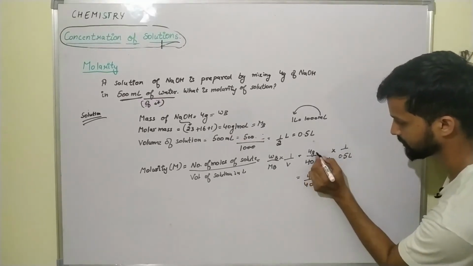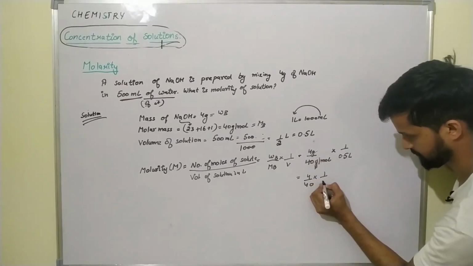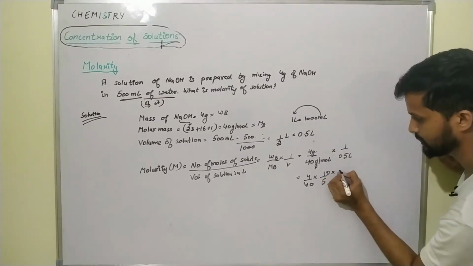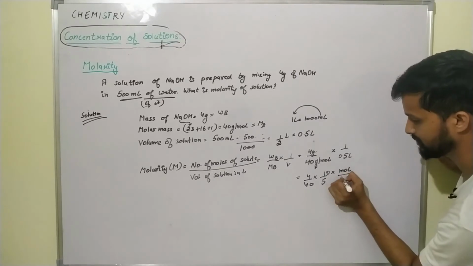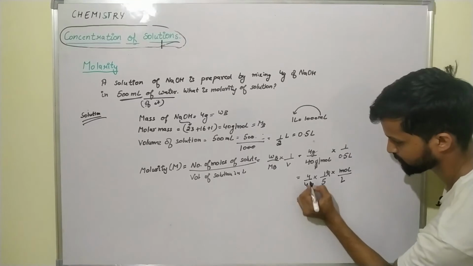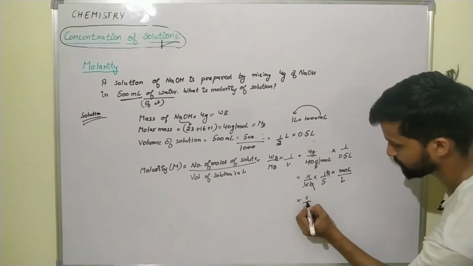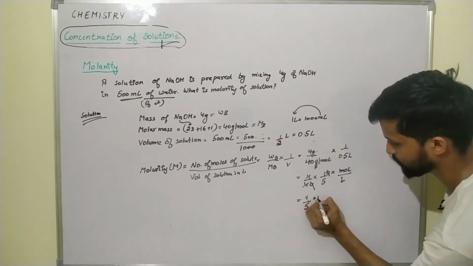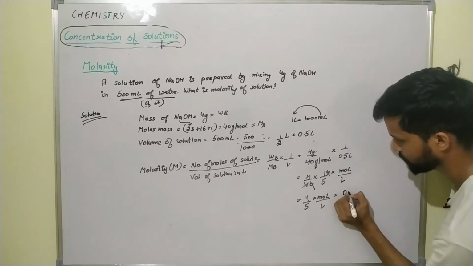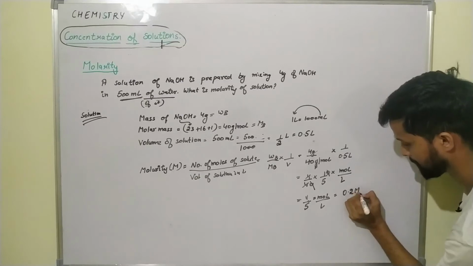So here this will become 4/40, where gram will cut with gram. Clear? 4/40 divided by 5/10. Clear? Here the unit is mole per liter. So here 4 cuts with 4, and we get 1/5 mole per liter, which is equal to 0.2 molarity.